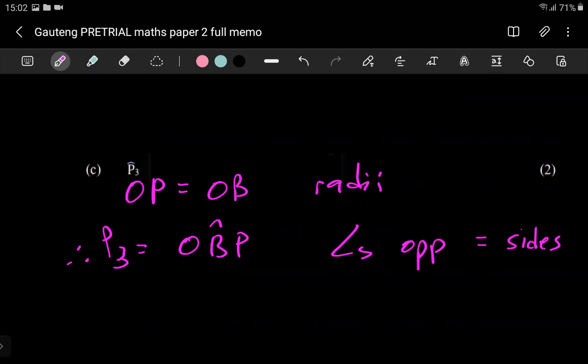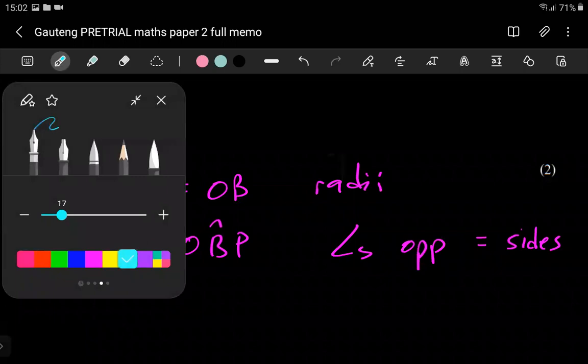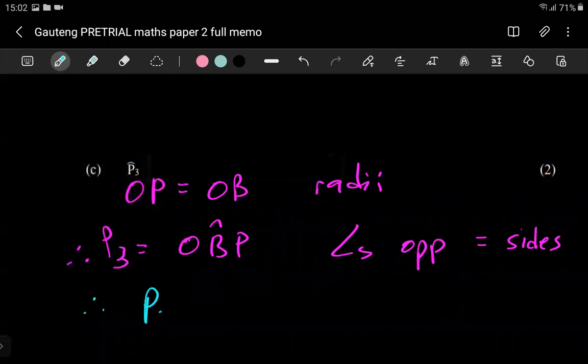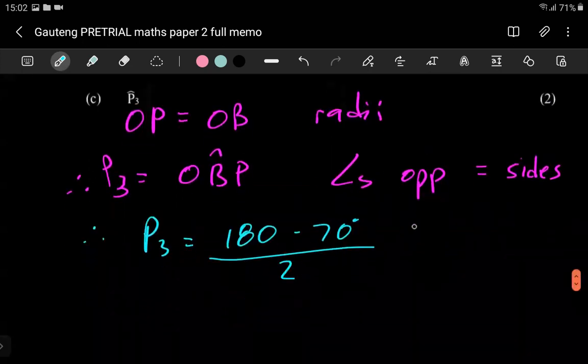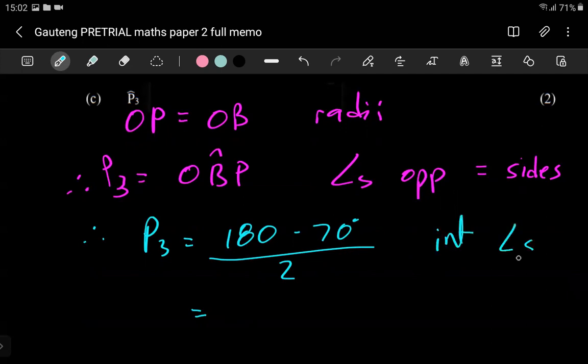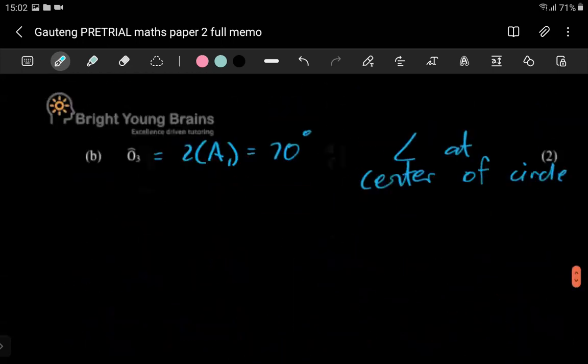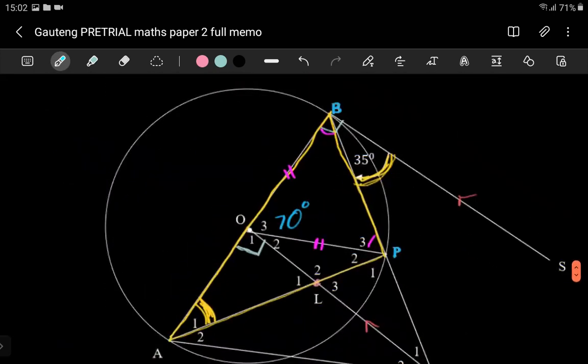So now that we have stated that those two angles are equal to each other, we can easily say, therefore, P3 is equal to 180 minus that 70-degree angle. Whatever is left, you cut it in half. And then the reason for doing this is interior angles of a triangle. So you see here, this is going to be 110 divided by 2, which is 55 degrees. That's P3.